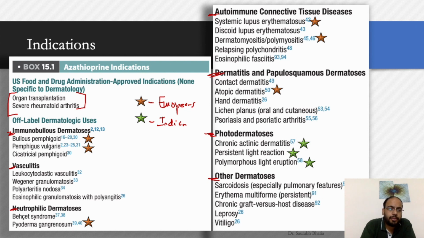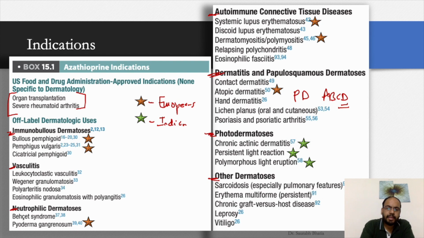For example, immunobullous dermatoses like bullous pemphigoid, pemphigus vulgaris; vasculitis like LCV, Wegener's, polyarteritis nodosa; neutrophilic dermatoses like pyoderma gangrenosum, Behcet's; autoimmune disorders like lupus, DLE, dermatomyositis; dermatitis like contact dermatitis, atopic dermatitis. I would like to add that Parthenium dermatitis and airborne contact dermatitis are two indications much more important in the Indian scenario, in which azathioprine has been found to be significantly effective.